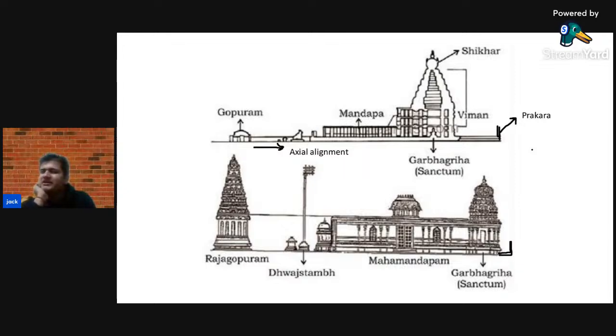In later times, the Dravidian architecture evolved further, and we can see a very big difference between these two temples. This is the Virupaksha temple built during the Vijayanagar Empire, and this is the Brihadeshwara temple built during the Rajaraja rule. So we will discuss how the Dravidian architecture evolved.